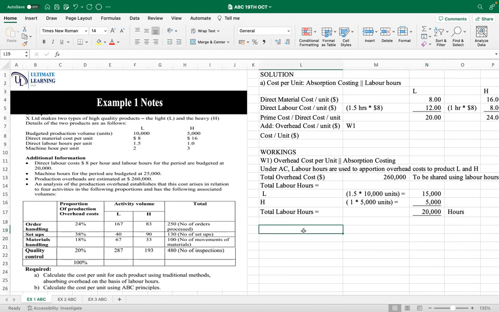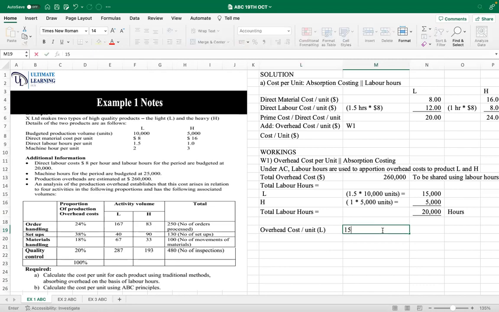Now I need to get the overhead cost per unit of product L. Look at how I'm doing it. I'll take 15,000 over the total times the overhead costs.